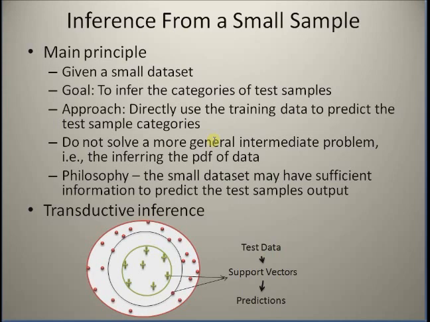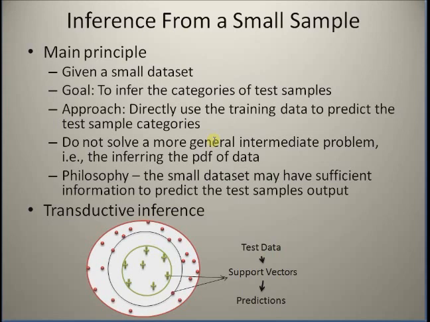For example, in a parametric regression problem. And a good example for this kind of application is support vector machines. Basically, the idea is that we do not want to solve the general intermediate problem of inferring the probability density function or conditional density function of the categories or the likelihood function of the data.